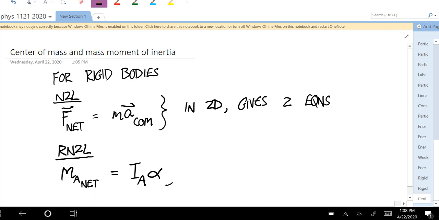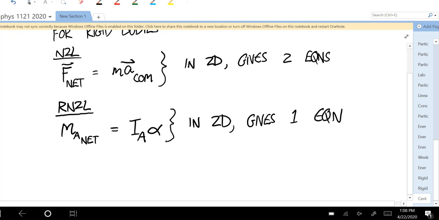And if we're doing this in 2D, then all the rotations are happening about one axis. They're just happening in a plane. And so in 2D, this gives one more equation. And so all together, these give three total equations.